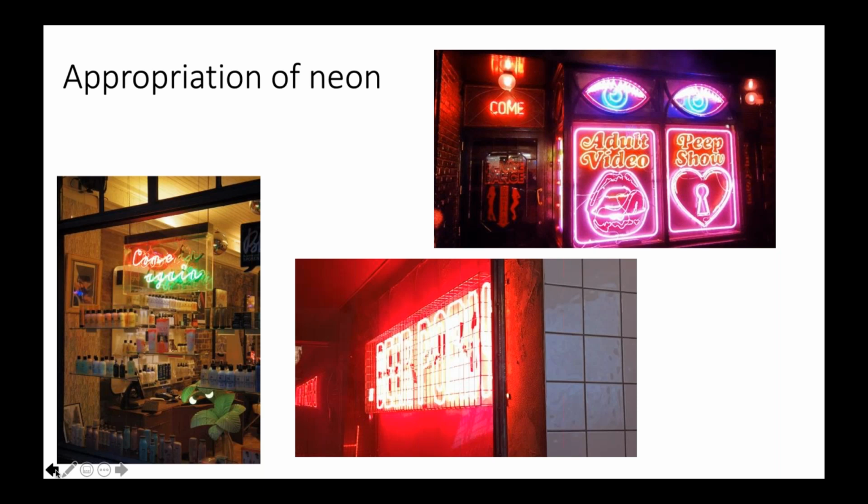The last image at the top took Magali and I quite a long time to figure out what this place was, because this is the only signage at the front. For about 6 months, we just assumed it was a lap dancing club or an adult video store or a peep show.